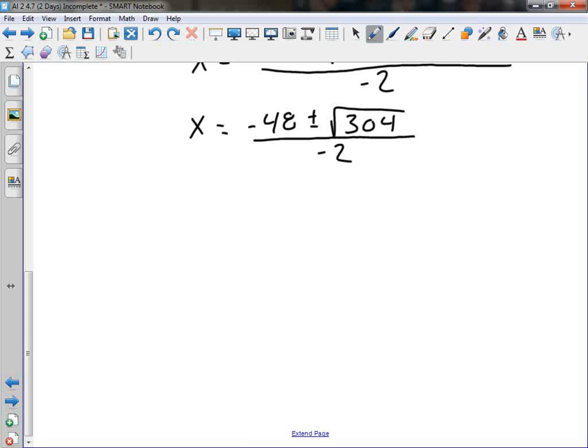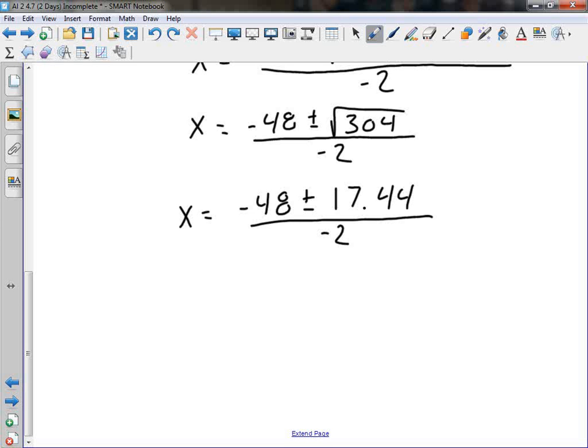So let's approximate the square root. Plus or minus the square root is about, and we're looking at money, so I'm going to round it to the nearest cent, which is 17.44, all over negative 2.